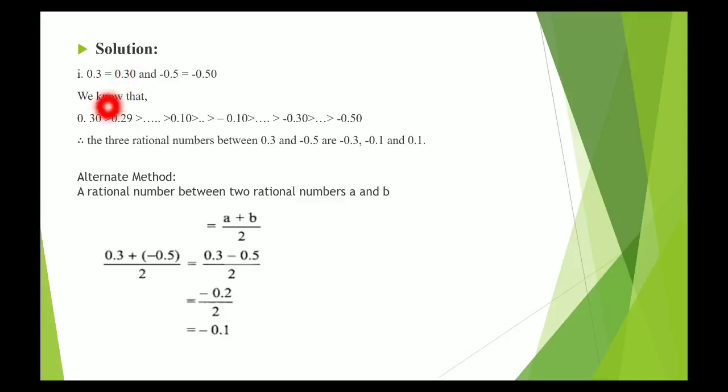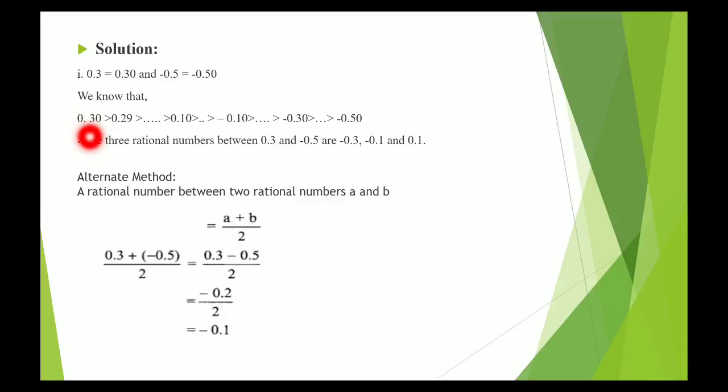First method. So 0.3 can be written as 0.30, and minus 0.5 can be written as minus 0.50. So we have from negative to positive, or you can write positive to negative. I have written here positive to negative. When I write positive to negative, the number keeps on decreasing till I reach the negative number.